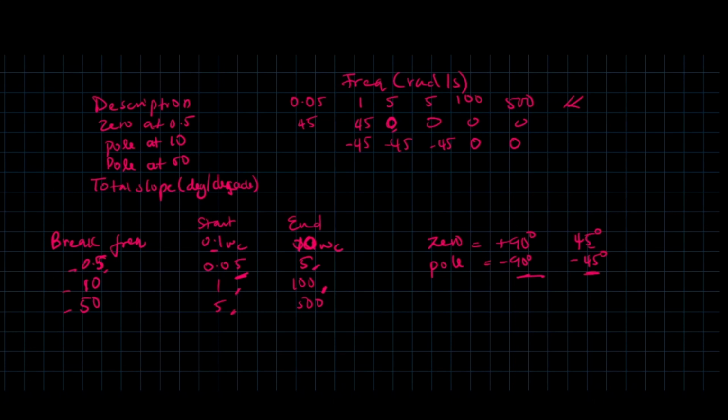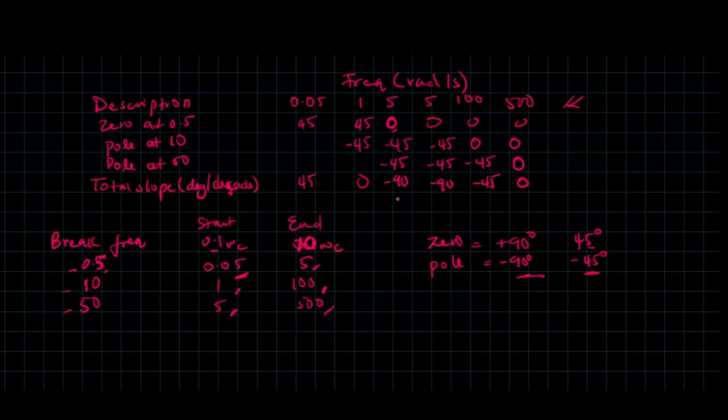The pole at 50 starts from 5 and ends at 500. So you start from the first 5 that you see there, and it's going to be minus 45, minus 45, minus 45. Then at this point it's at rest. You simply add: here's 45, here will be 0, 45, this will be minus 90, minus 90, minus 45, and 0.